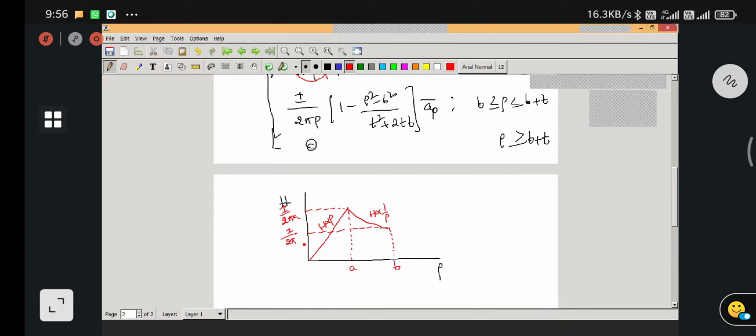Then h will go down to 0. It decreases again, then 0, and again decreasing. Next, it is 0 only. This is the graph. Do you understand the graph?